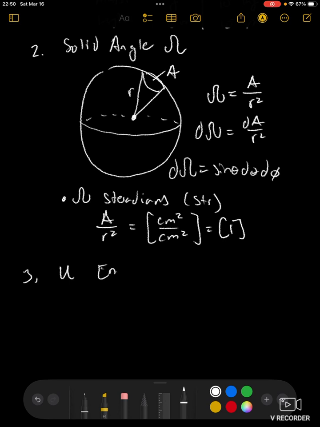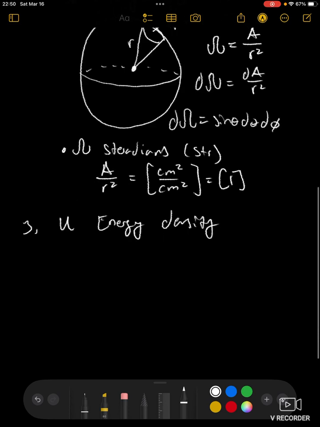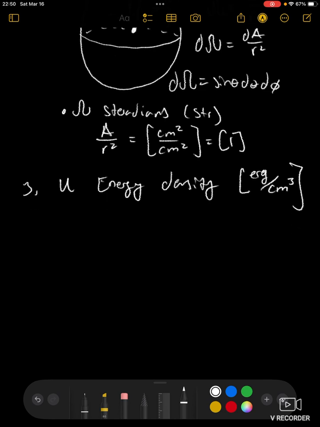U is the energy density. The energy density is taking ergs per centimeter cubed. But we will also be looking at it in terms of frequency as well, as that is also quite a helpful topic.